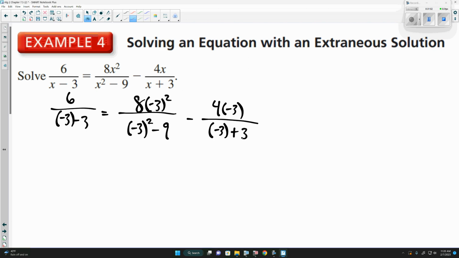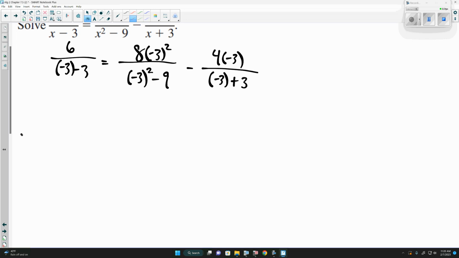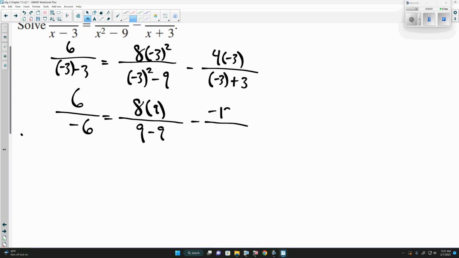Well, the left-hand side works out kind of nicely because -3 minus 3 is -6. -3 squared is 9, same as the denominator. -12, well here, -3 plus 3 is 0. That's a division of 0. That does not work. Well, 9 minus 9 is 0. That's a division of 0. That doesn't work. So -3 doesn't work.